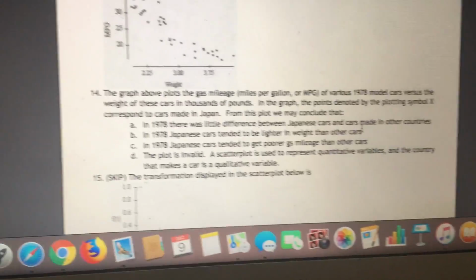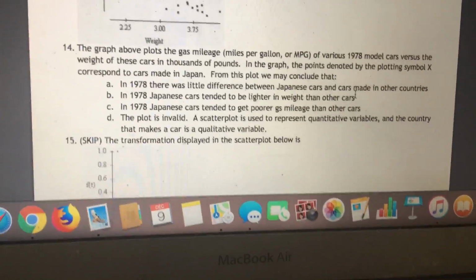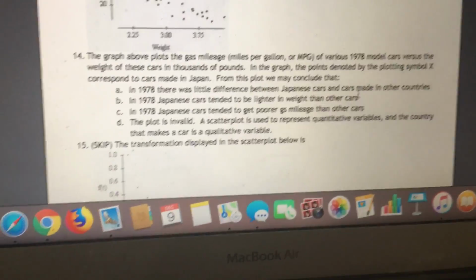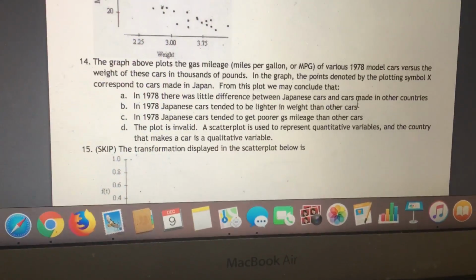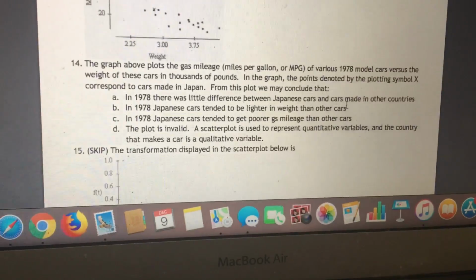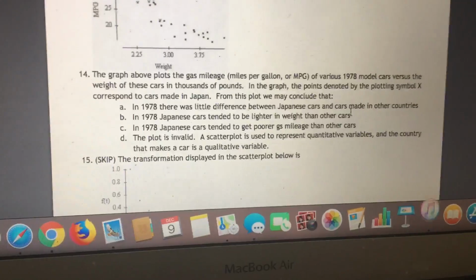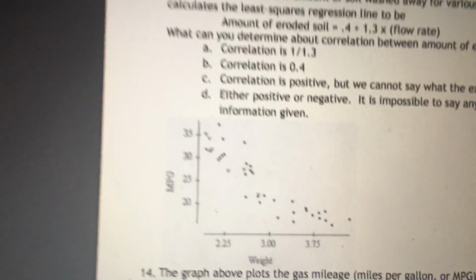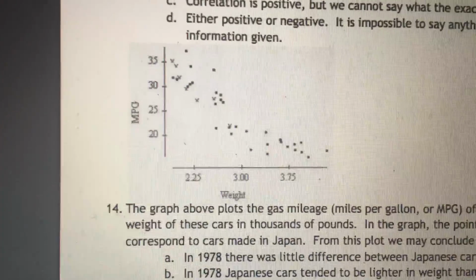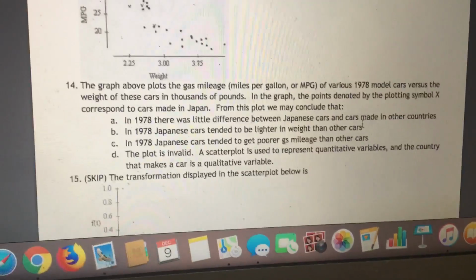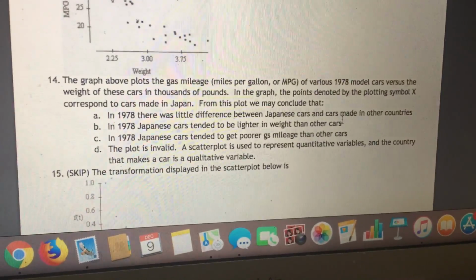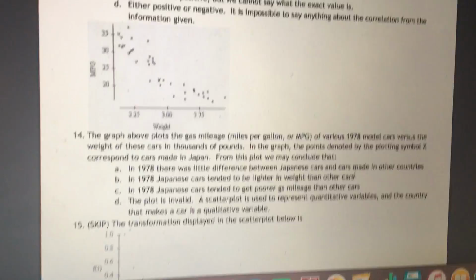14 is the graph above plots the gas mileage of various 1978 model cars versus the weight of these cars in thousands of pounds. In the graph, the points denoted by the plotting symbol X correspond to cars made in Japan. From this plot, we may conclude that, so here's the plot, we'll look at that really quickly. Okay, and then it says, A, in 1978, there was little difference between Japanese cars and cars made in other countries.